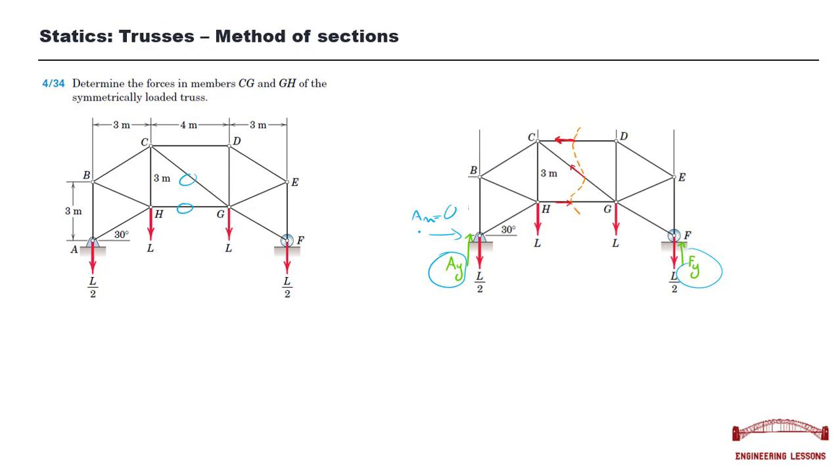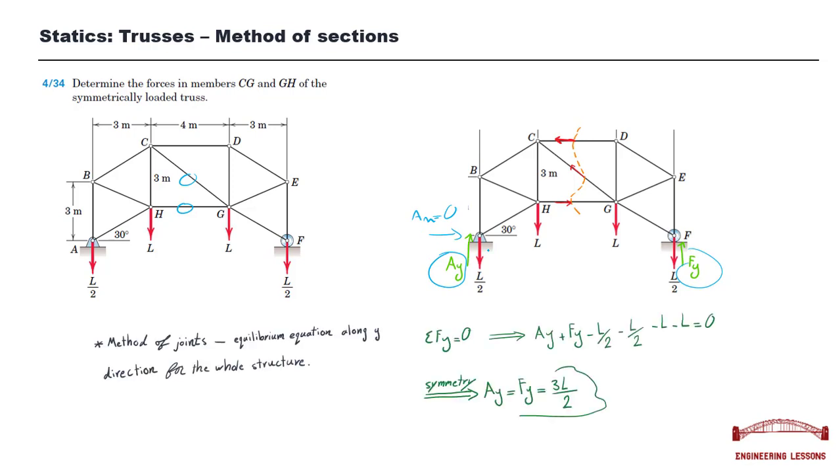By symmetry, we know that Ry and Fy are equal. So along the y direction, if we develop our equilibrium equation, there is just one unknown, and since they are equal, simply we can calculate the amount of our reactions.